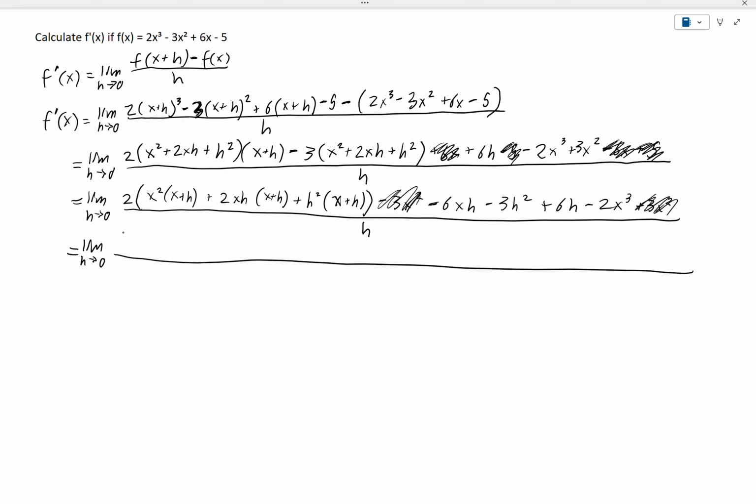So I'm also going to distribute the 2 through all of these terms, see if we can do all of that in one step. So this becomes x to the third times 2. This becomes 2x squared h.